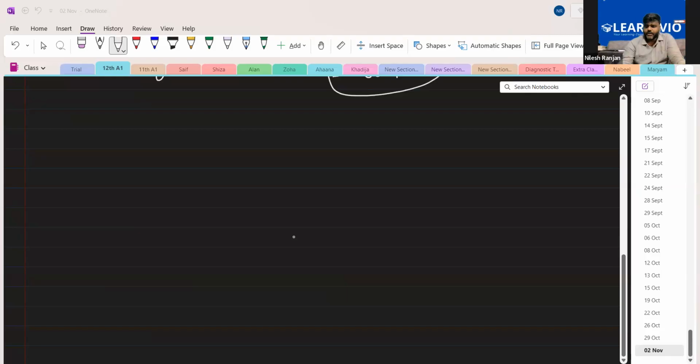Okay. Now, cash flow statement is prepared as per accounting standard 3.